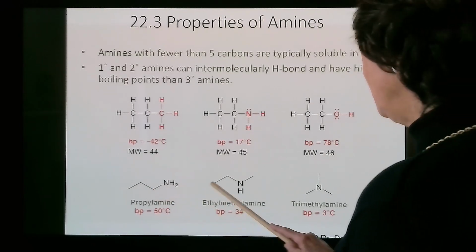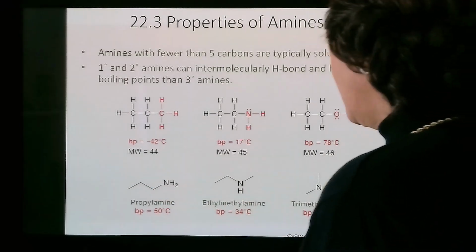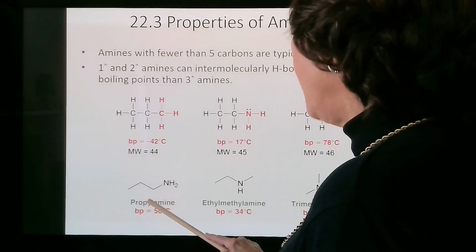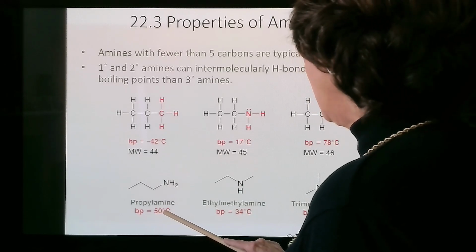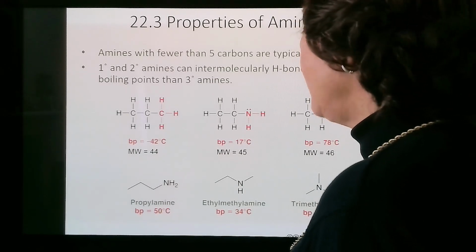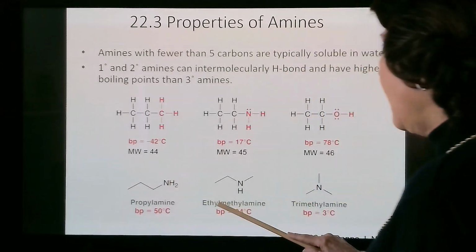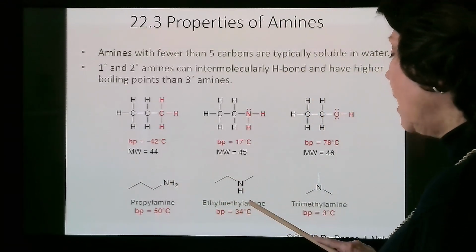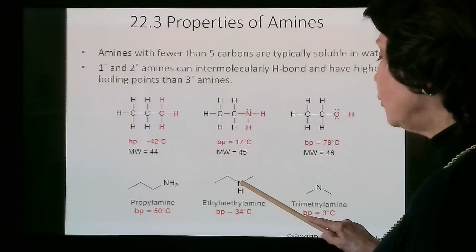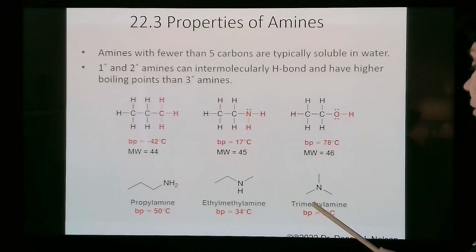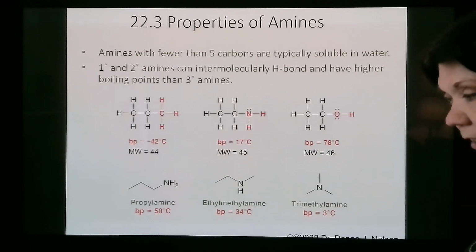These molecules have the same molecular weights, and so propylamine has a boiling point of 50 degrees centigrade, which is quite high because of the hydrogen bonding. Methylamine has 34 because there's less hydrogen bonding, but that is still higher than trimethylamine because here you have no hydrogen bonding, so its boiling point is at 3.